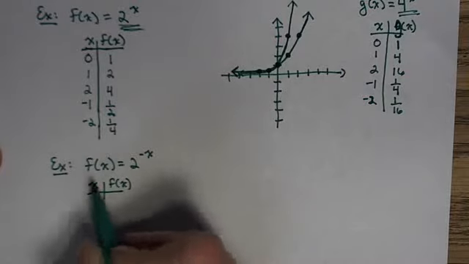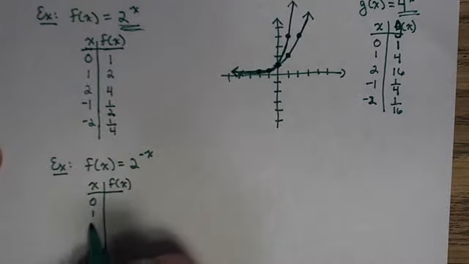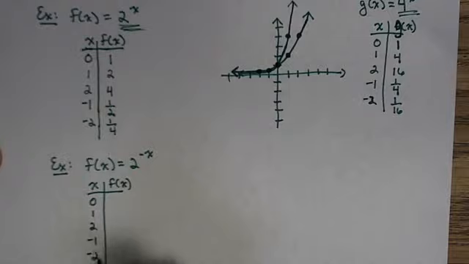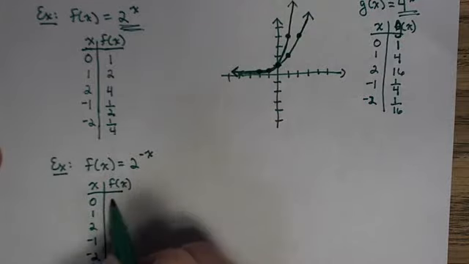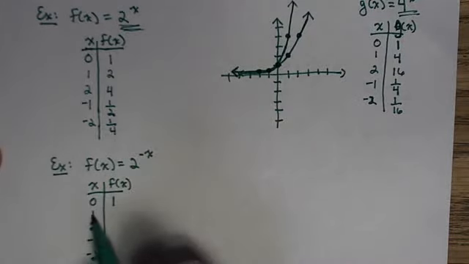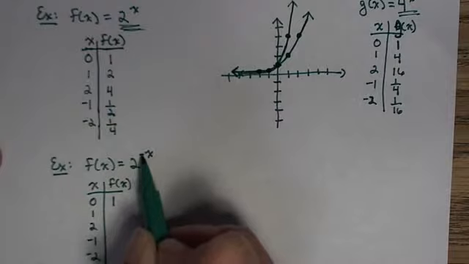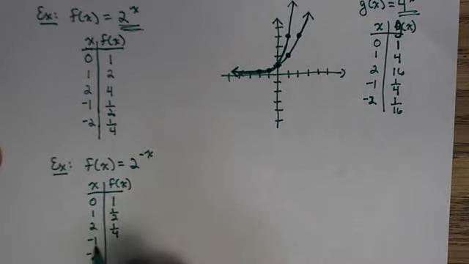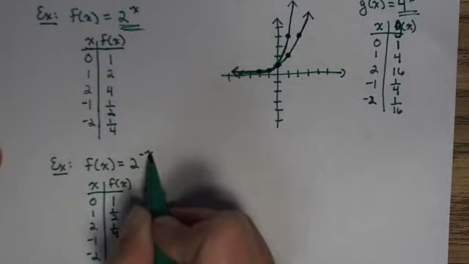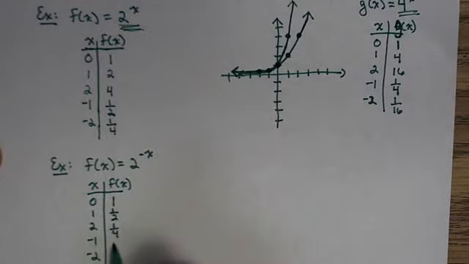So again, I'm going to use the same values I did before. They're kind of my favorite values. But now when I plug in 2 to the opposite of 0, well, that's just 2 to the 0 still, which is 1. If I plug in 1, 2 to the negative 1 is, that's interesting, that's 1/2. 2 to the negative 2 is 1/4. 2 to the opposite of negative 1 is actually 2 to the 1, which is 2.